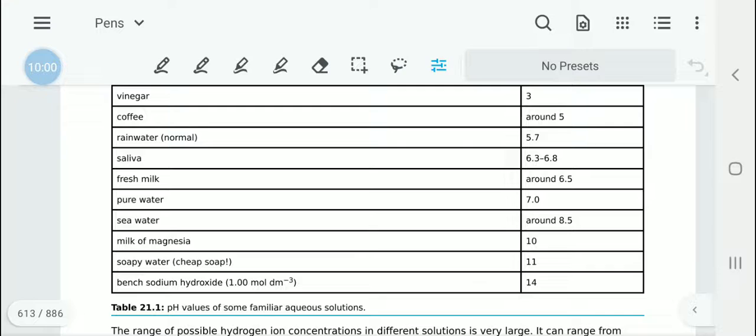Pure water would be 7, sea water around 8.5, so it is slightly basic. Milk of magnesia would be about 10, and industrial sodium hydroxide would be 14.